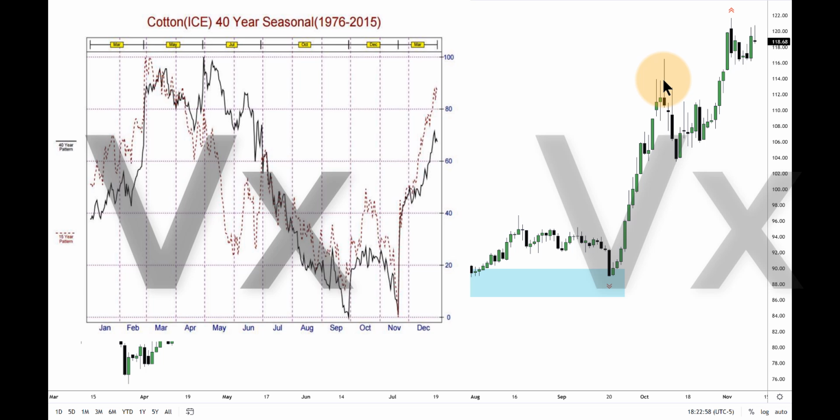So if currency is not the way to make money, the futures market will be what I go right back to. It's always going to be something for me to be trading.